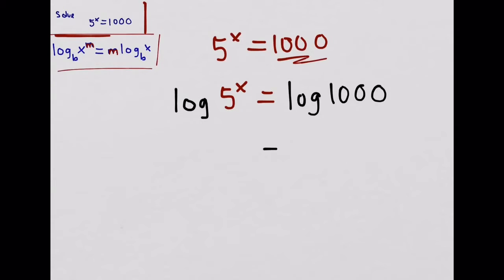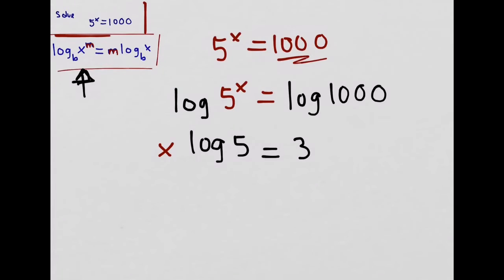It's base 10, so it should be 3, right? 10 to the 3 is 1,000. So that's how I get that. Now on this side, I'm going to use the property that we just learned. This power x can be brought in front, and I'm left here with log 5.